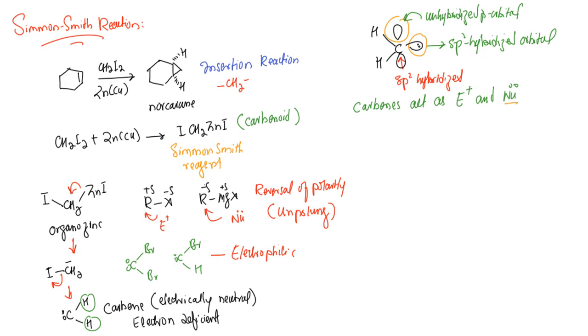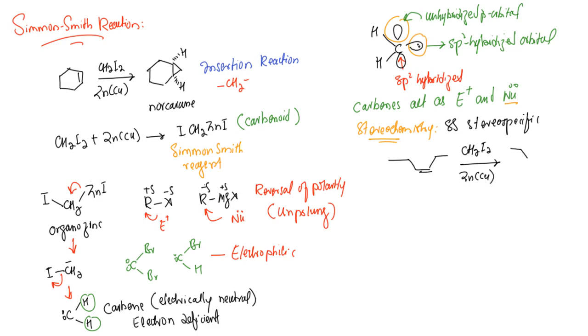As far as stereochemistry is concerned, the Simmons-Smith reaction is highly stereospecific. For example, if we have the starting alkene of one configuration such as cis, in the presence of diiodomethane and zinc-copper couple, we will get a cis cyclopropane system.